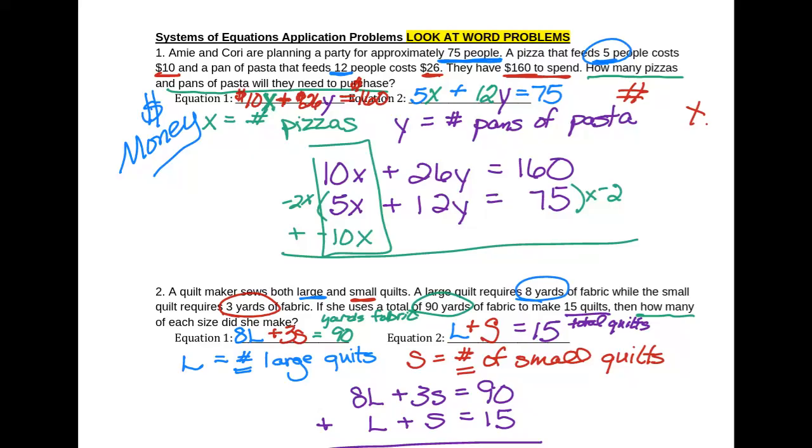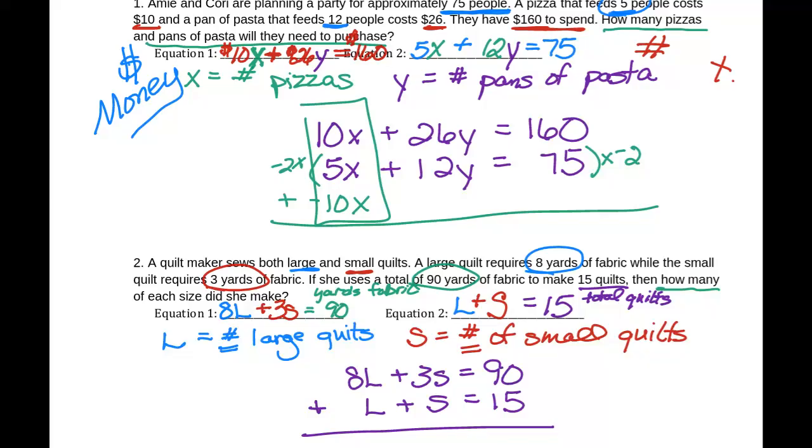So we put all the money amounts in there with our X and Y. And the other one was kind of like amounts, like how many people and how many pieces does it feed, all right? Then we set up those two equations and we decided that elimination was the best way to get rid of one of the variables. And that looks like where we finished.